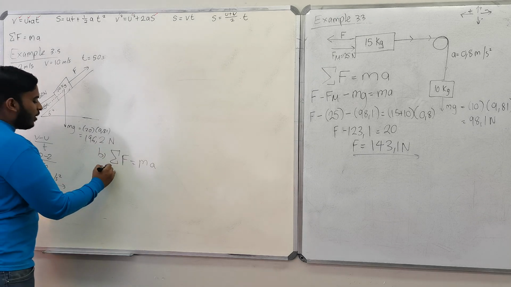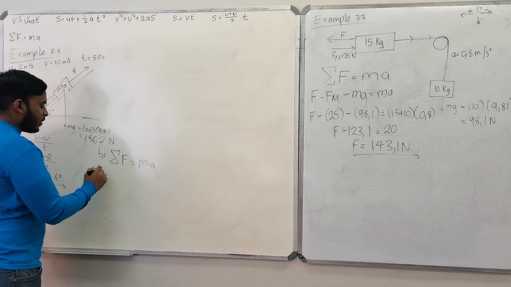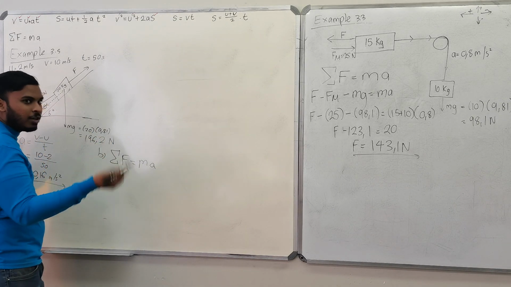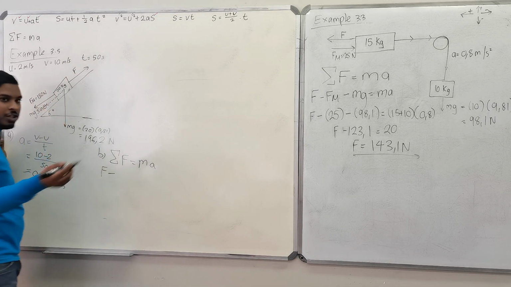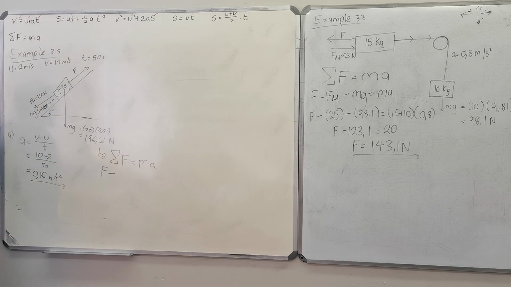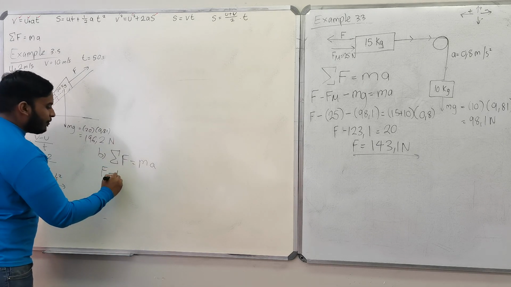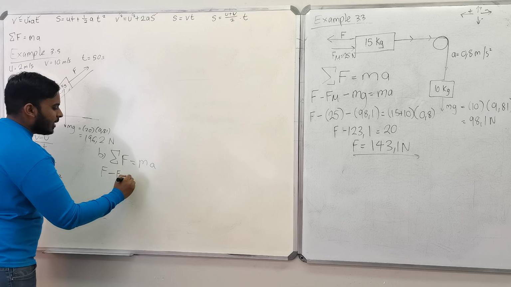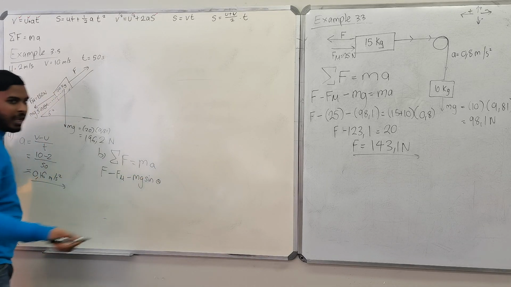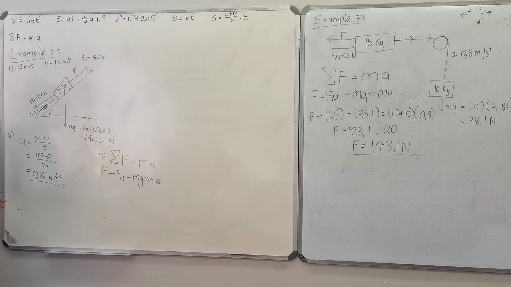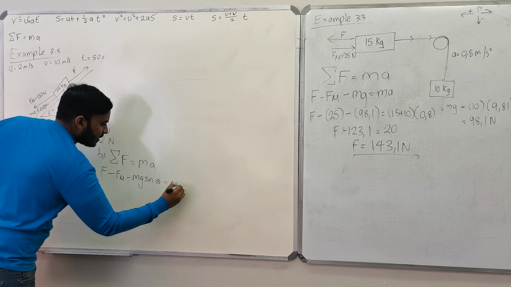So, your applied force is what we're looking for. It's positive, right? So this is F minus your frictional force and your gravitational force. Why? It's acting away from motion. So, F minus your frictional force minus mg sine of the angle, equal to mass times acceleration.